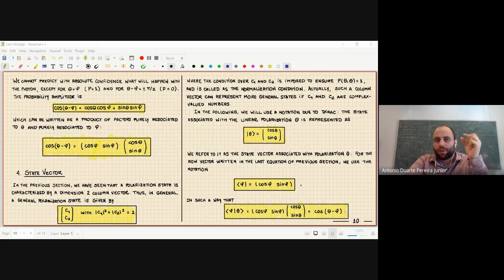But for this system that we are going to discuss, which is the polarization of light, it needs just two elements. But we are also going to discuss systems with infinitely many entries. We're going to get there.